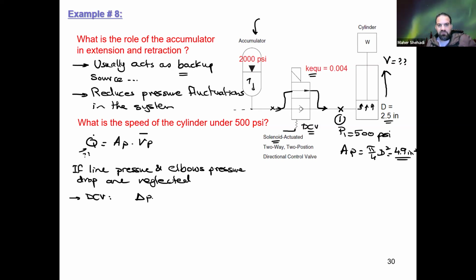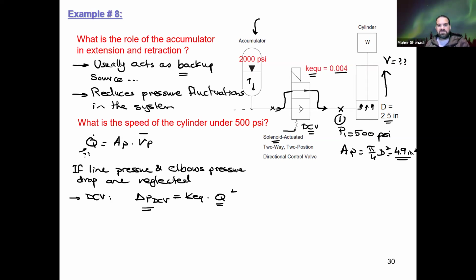Delta P for the DCV is equal to K equivalent times Q squared, correct? We just saw that equation. It was given. We do have the K equivalent, 0.004. So now my task is to find delta P across that DCV.